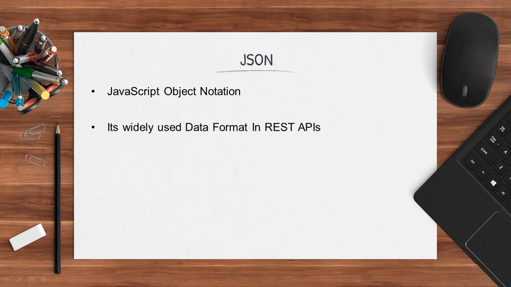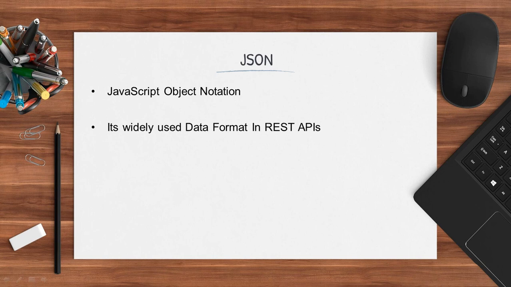Most of the REST APIs being developed as of now use JSON as the data format. Any application that is providing REST APIs, be it a PHP application, Python application or .NET application, uses JSON as the data format.